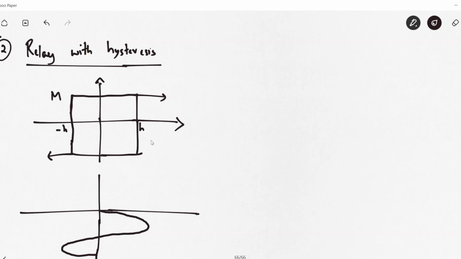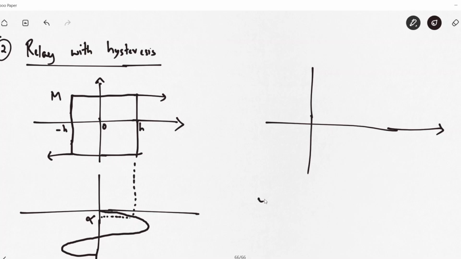So what will be the output in this case? From 0 to h, let this angle be alpha on this graph. The output y of omega t will have 3 different values.